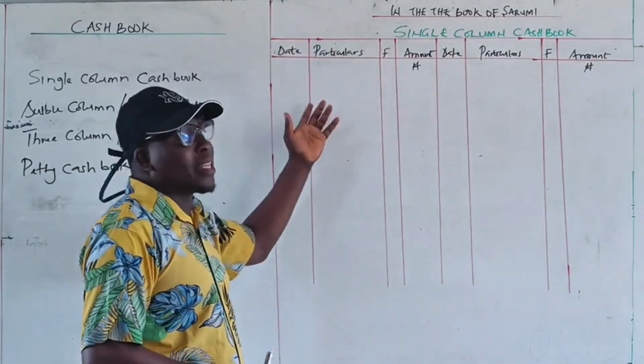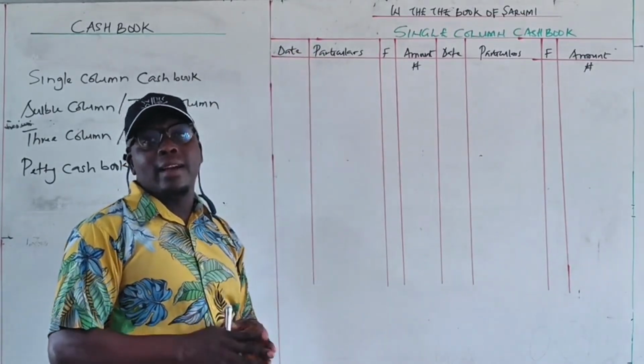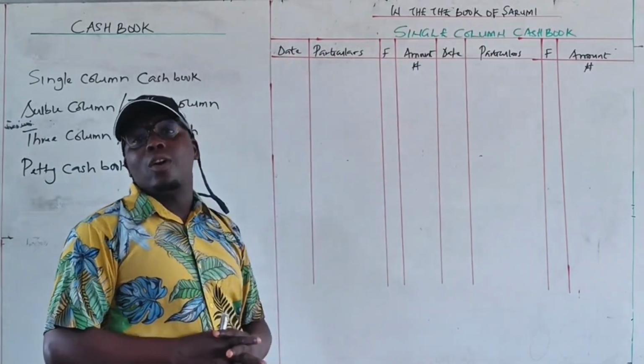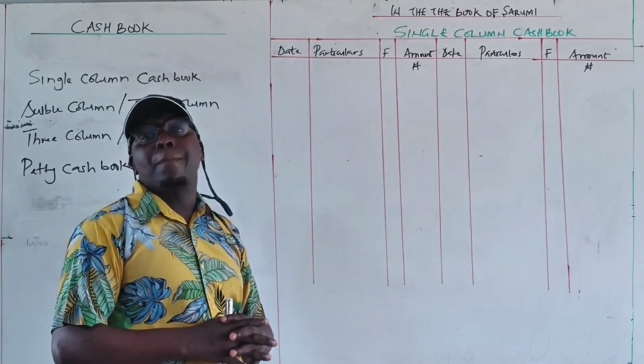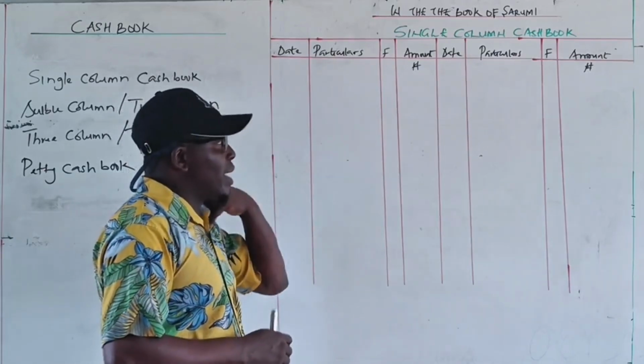The debit side records all cash or cheque that comes into the business, while the credit side records all cash or cheque payments going out of the business organization.